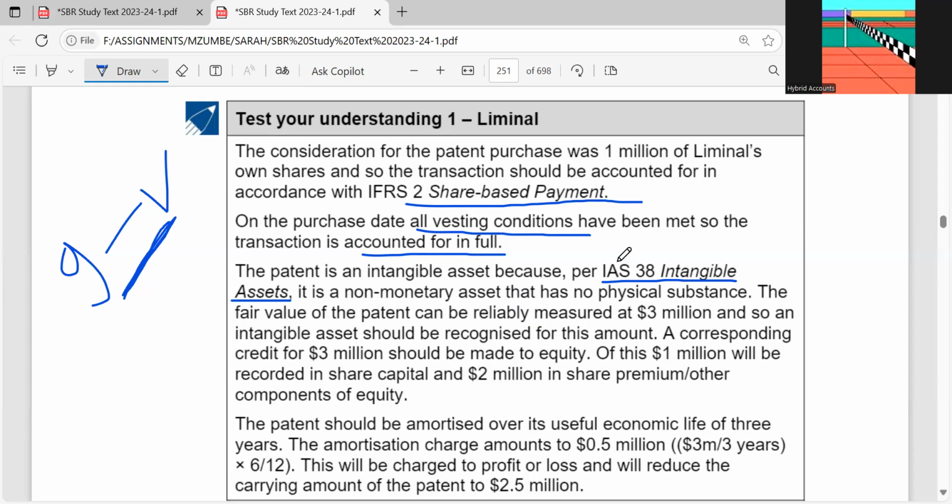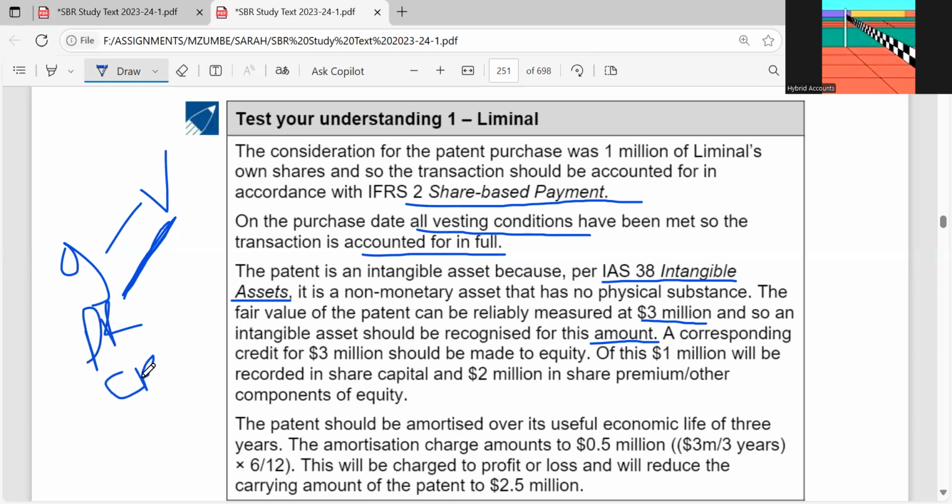IAS 38 uses the cost model, but also the fair value model. But from the question, the fair value of the patent can be measured and its value is 3 million. And so an intangible asset should be recognized for this amount, so you should have an intangible asset at $3 million. Then for this equity settled transaction, we need to debit an asset or expense and credit equity.